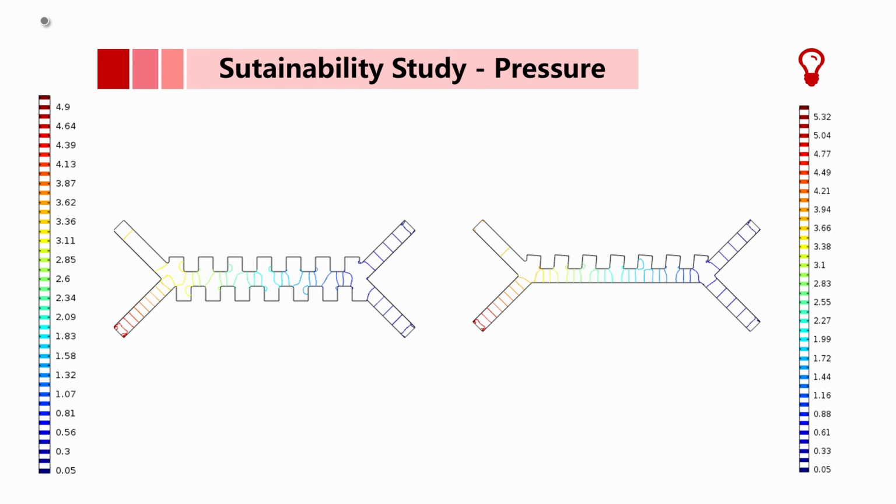For the pressure part, we wanted to see how much pressure both the designs can actually sustain. For design 1 it was around 4.9 Pascal, and for design 2 it was a bit higher at 5.3 Pascal. It shows that the highest pressure is in the inlets due to the hydrodynamic force.